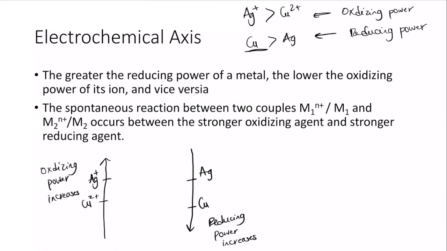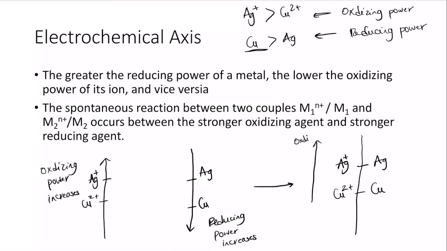Now if you want to combine these two axes in one axis, this is the one axis we're talking about. Here we have Ag+/Ag and Cu2+/Cu, where here we're comparing oxidizing power and here reducing power.